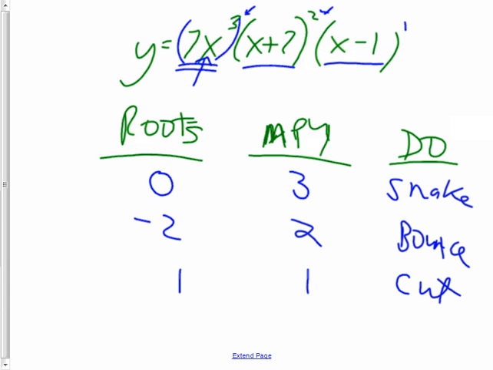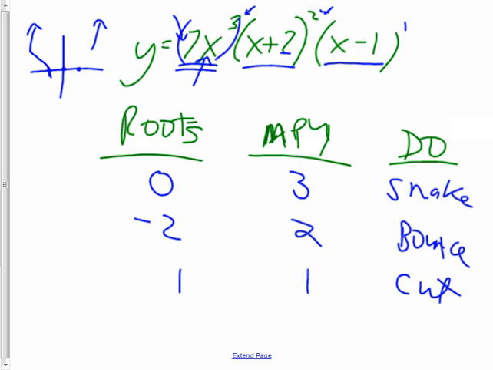And that's an even, and that makes sense because it would be either up on both ends or down on both ends. The lead coefficient is positive, so it has to be up on both ends. It would have to be snaking through at 0 and touching at -2 and touching at +1.